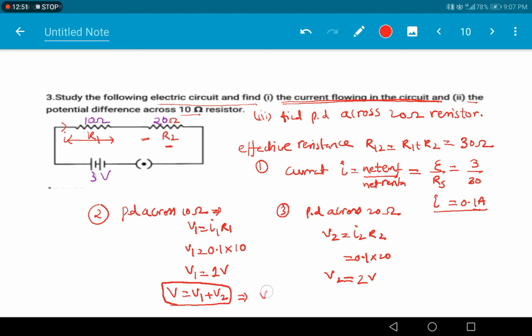Therefore if you observe this, V1 plus V2, 1 plus 2, is equal to 3. How much are we applying here? 3 volts we are applying. So what is the total drop across each resistor, 1 and 2? Total will be V equals V1 plus V2. So this is the way of checking the answer. Okay? Alright, let us move to the next question.